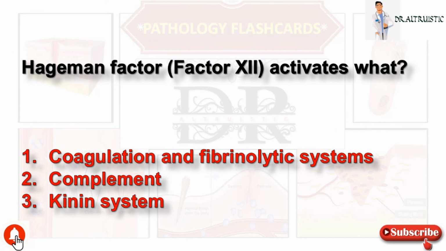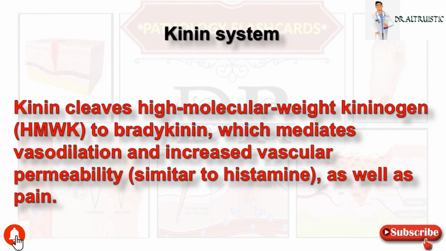Hageman factor activates what? 1. Coagulation and fibrinolytic systems. 2. Complement. 3. Kinase system. Kinase cleaves high molecular weight kininogen, HMWK, to bradykinin, which mediates vasodilation and increased vascular permeability, similar to histamine, as well as pain.